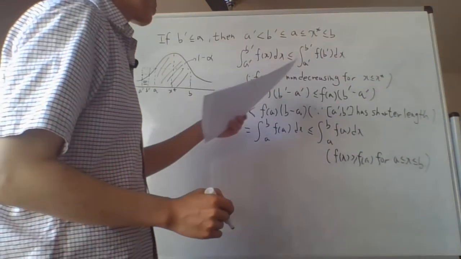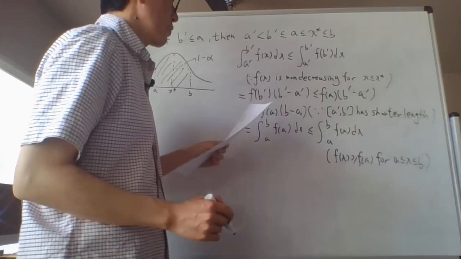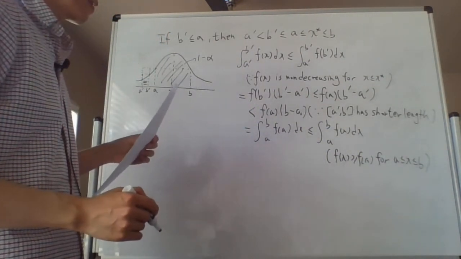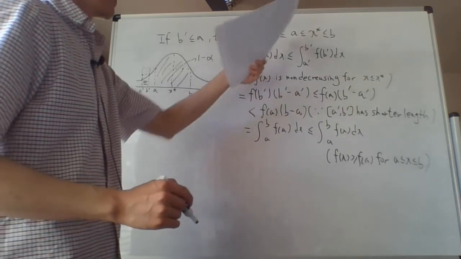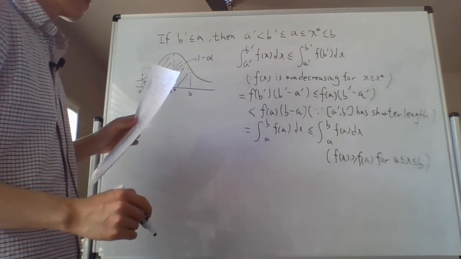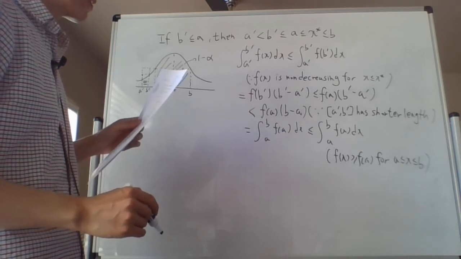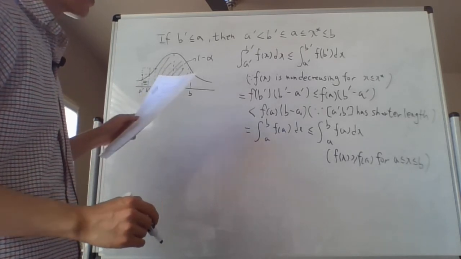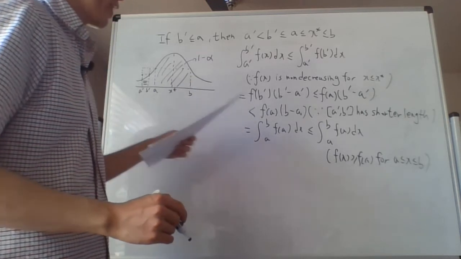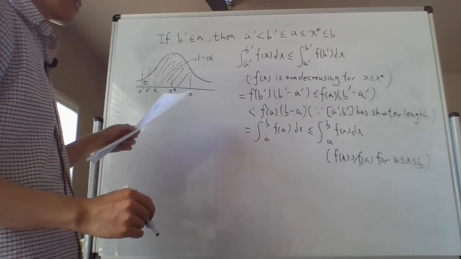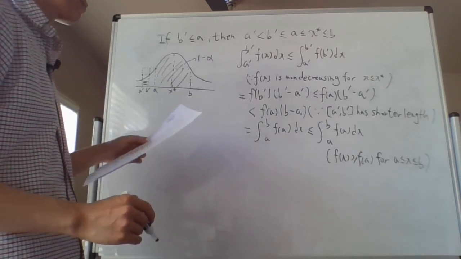Since f(x) is non-decreasing when x is less than or equal to x star, and a is less than or equal to x star, you can see that the integral between a and b of f(x) dx is greater than the integral between a and b of f(a) dx.